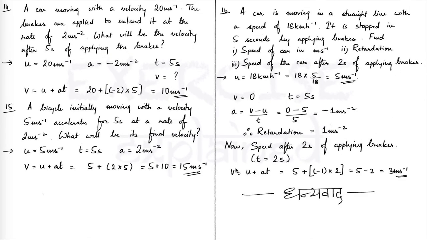So we can use v is equal to u plus at where t will be taken as 2 seconds. So u is 5 meter per second as we found out here, plus a is minus 1 into t is 2. So we get it as 5 minus 2. So 5 minus 2 is nothing but 3 meter per second.